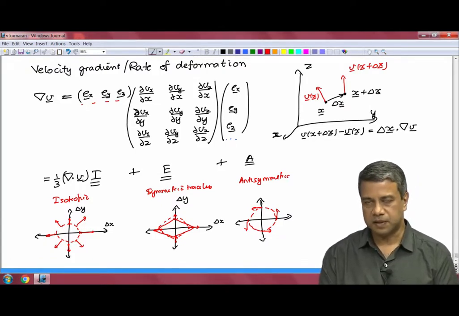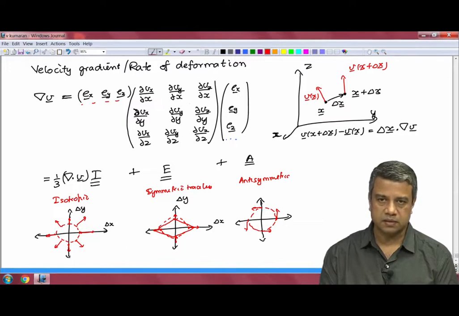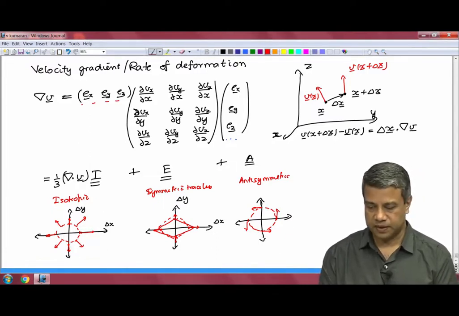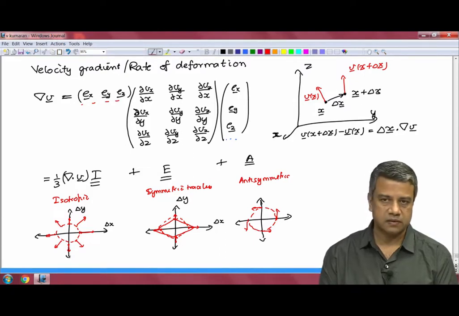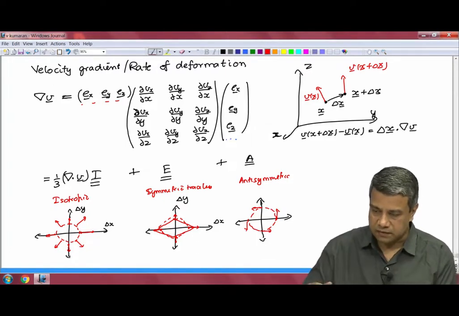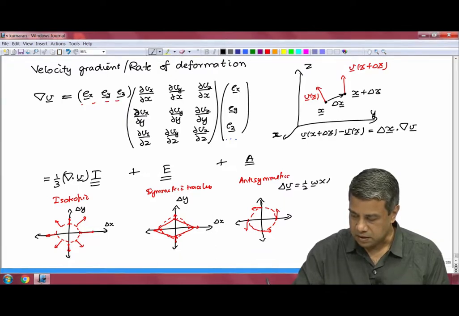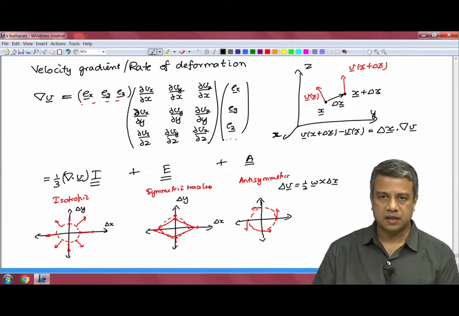So, you could have either expansion along 2 directions and compression along the third, biaxial extension, or expansion along one and compression along the other 2, uniaxial extension, or planar extension, where there is no deformation along one of the axes, and expansion and compression along the other 2. And the third part is the antisymmetric part, and this represents solid body rotation, where the relative velocity between nearby locations delta v can be written as half of omega cross delta x, where omega is the vorticity.